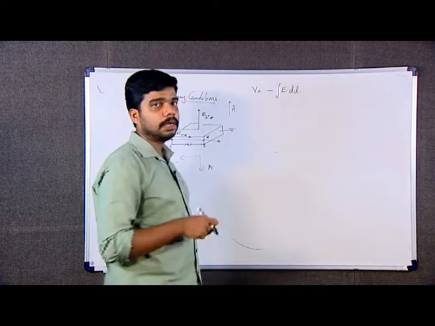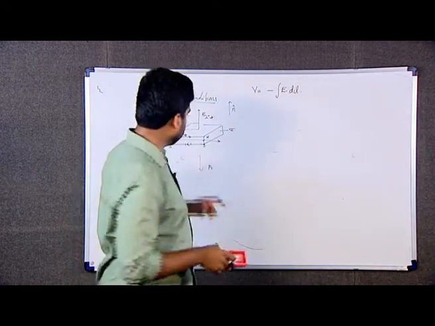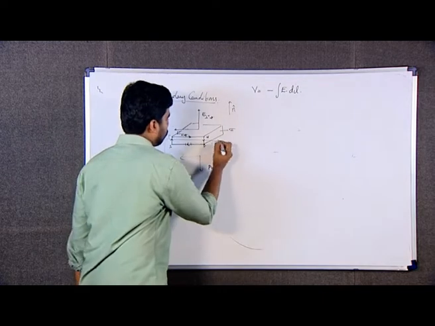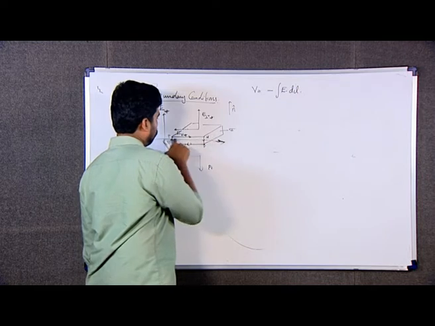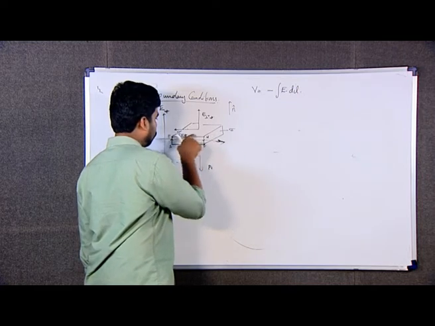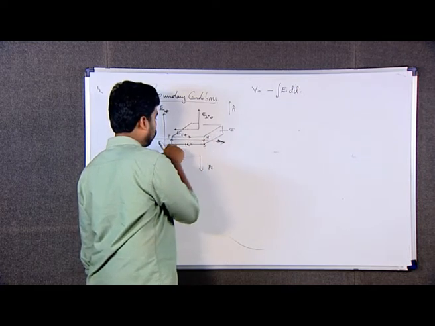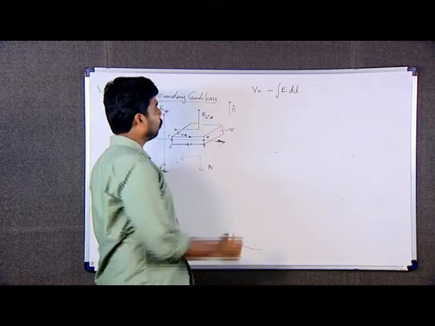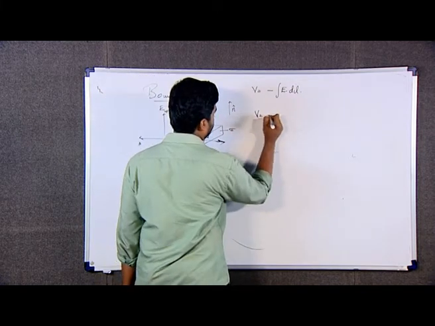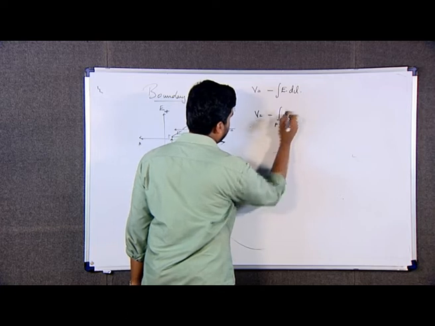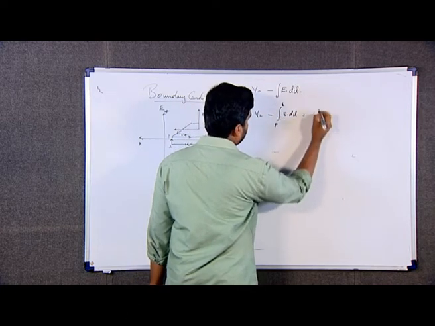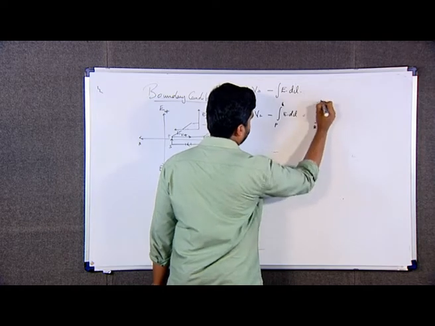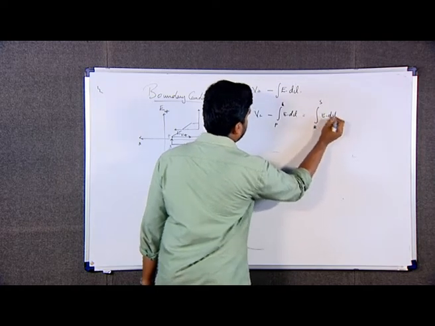So we are choosing the path along PQ and along the path RS. So V is equal to minus integral P to Q E dot dl, and likewise from R to S E dot dl.